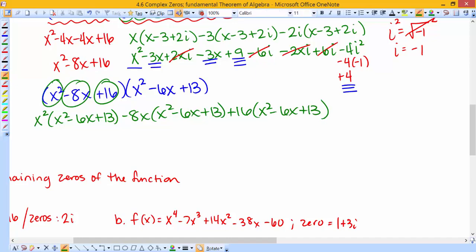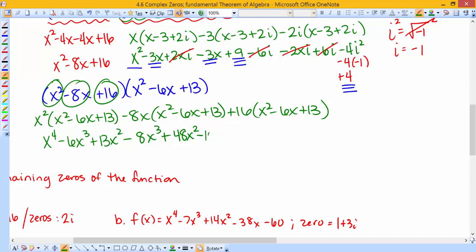Okay, so now let's multiply. x to the fourth minus 6x cubed, because we're adding our exponents, plus 13x squared, minus 8x cubed plus 48x squared minus... Okay, hold on. I gotta do 8 times 13. 8 times 13 is 104.